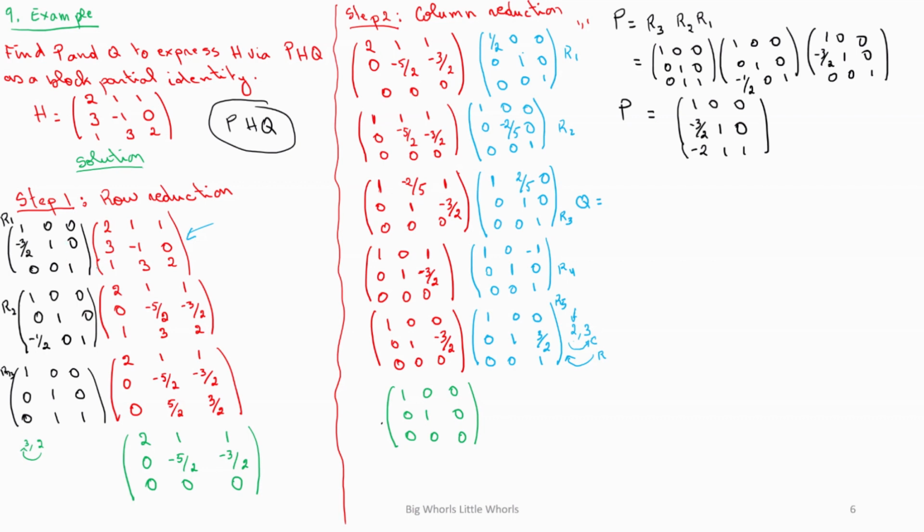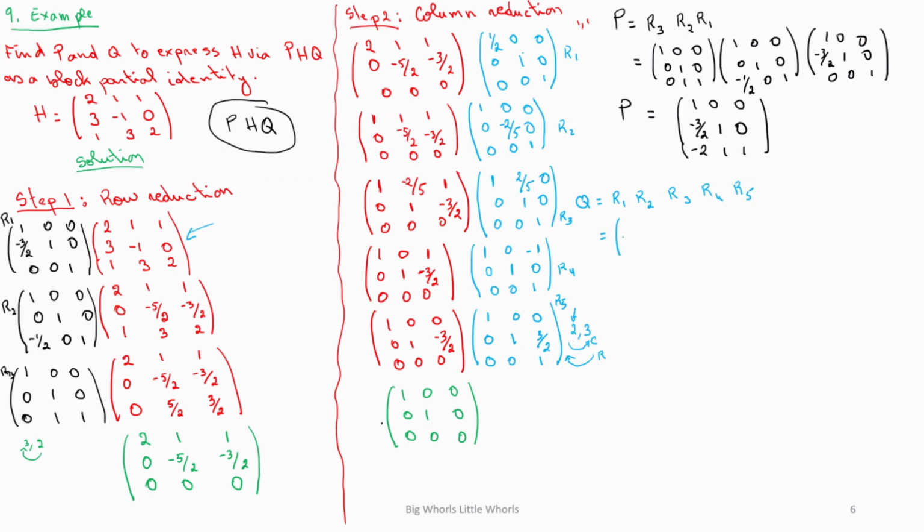The matrix closest to H was R1, then followed by this matrix, then that matrix. But when it comes to Q, the order is reversed. So it's going to be R1, R2, R3, and R4 multiplied by R5.